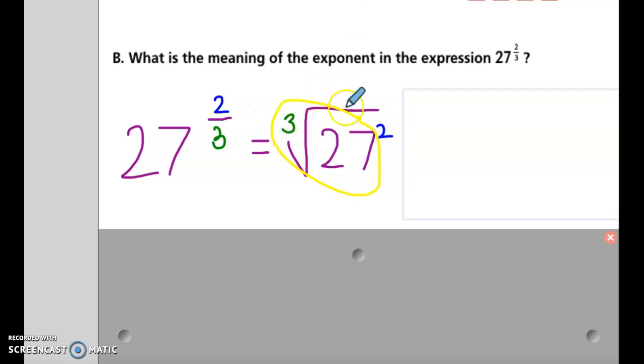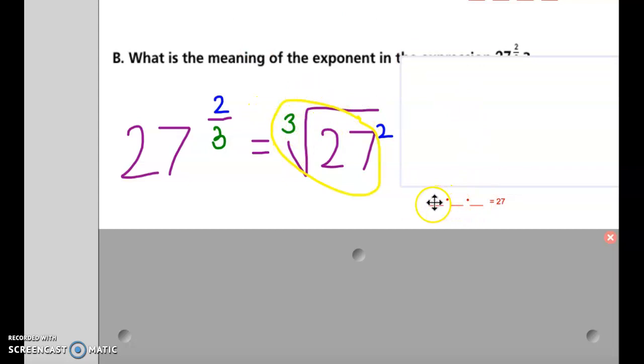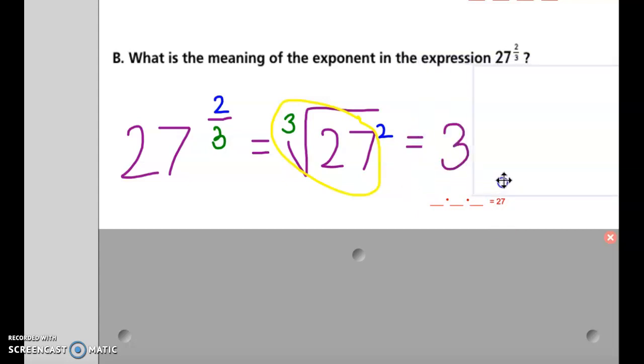The cube root of 27, I need something multiplied by itself 3 times to get 27. What's that going to be? 3. So the cube root of 27 is 3, but that squared is still there. So now I can do 3 squared, 9. That's easy, okay? So 27 to the 2/3 is 9.